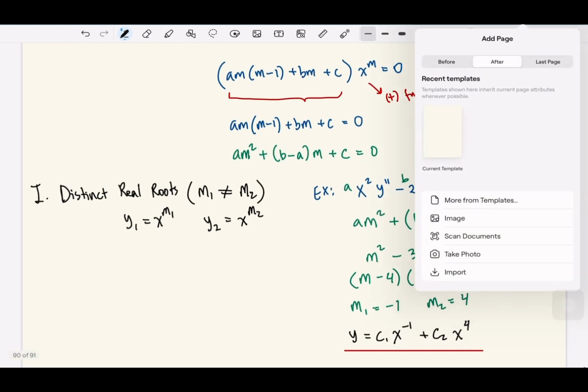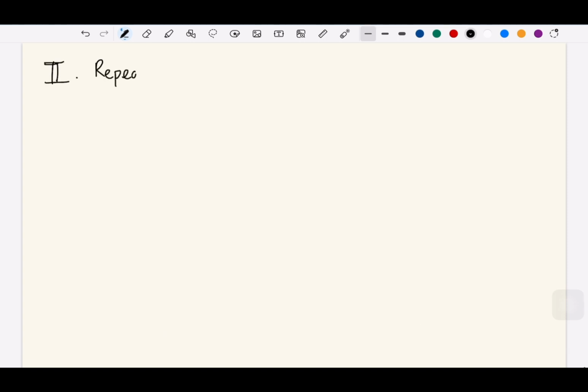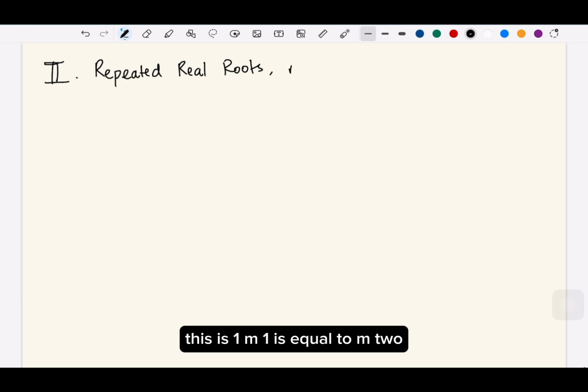Okay, let me give you the second case. This is for the repeated real roots. This is when m1 is equal to m2.